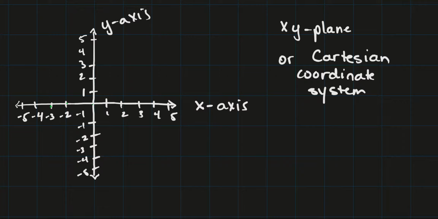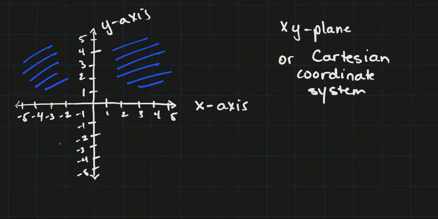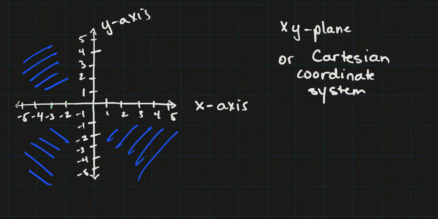So first off, you can see that I have four pieces of a plane. I've got this section, this section, this section, and this section. Well, this first section here, we're going to call this quadrant 1.